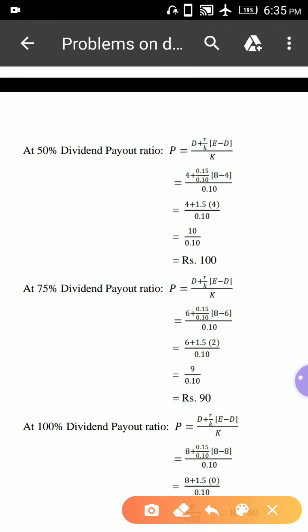Now at 75% dividend payout ratio, here the dividend is rupees 6, plus R 0.15 divided by K 0.10 into E minus D, that means 8 minus dividend 6, divided by K 0.10. That is equals to 6 plus 1.5, that is 0.15 divided by 0.10, into 2, that means 8 minus 6 is equals to 2.